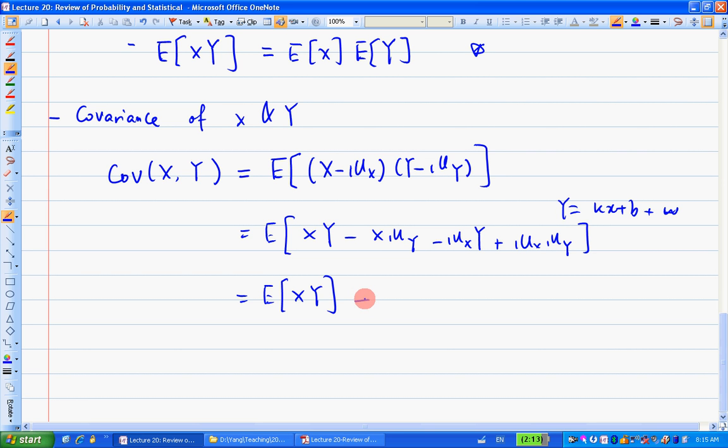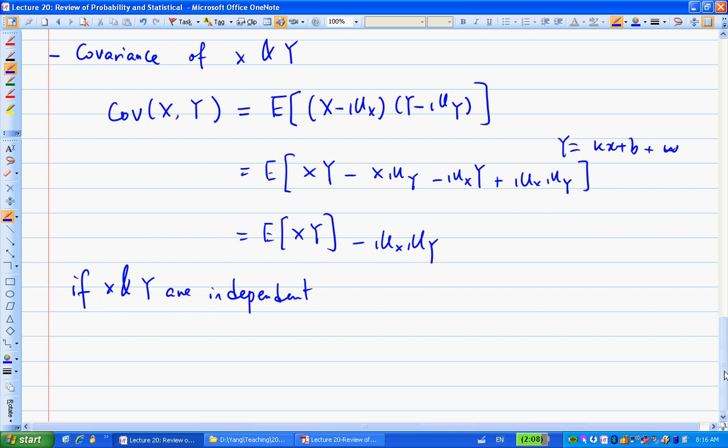So overall this equals minus mu X, and here it comes again, mu X and mu Y. So if X and Y are independent, what is independent again?